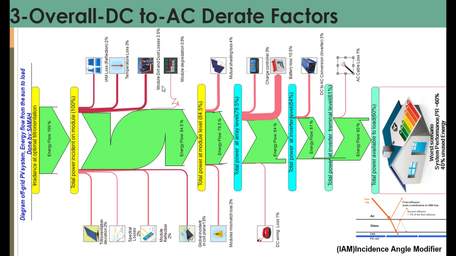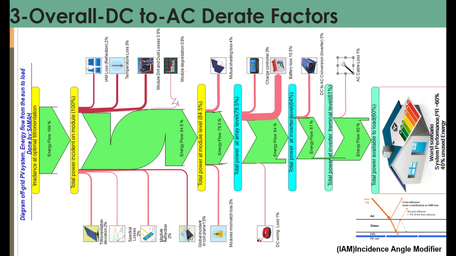Okay, also module derate and dust losses. With this value, module degradation also affects the overall losses, and also the effect of tilt angle and incorrect orientation will cause another source of losses, and spectral losses have another source of derating factor.